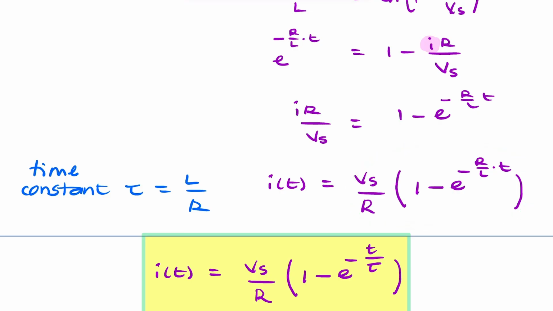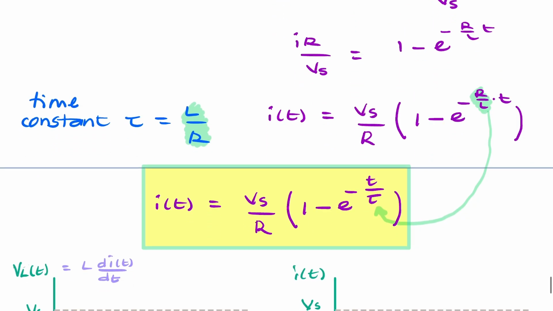Now, if you remember that L over R is actually our time constant, we can replace R over L with 1 over tau. So now we have an expression that's familiar. It has the time constant there, and you've got your EMF, and you've got your series resistance.